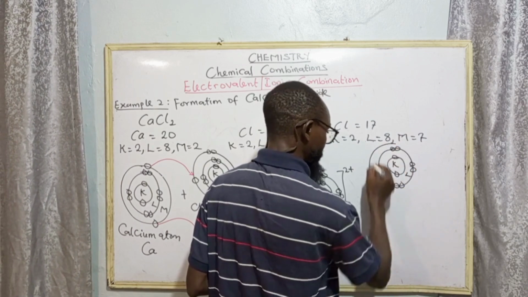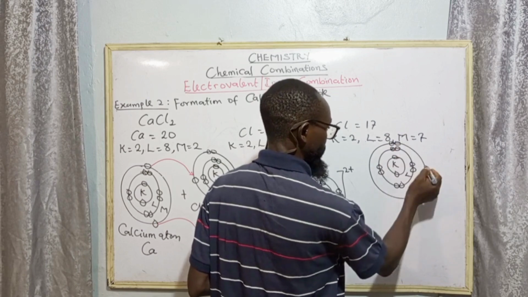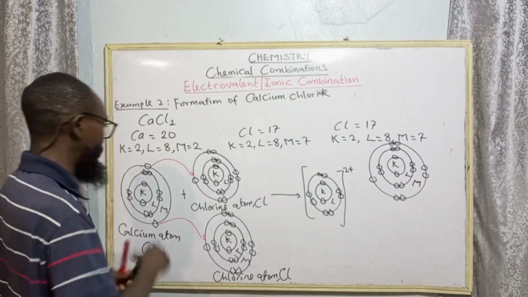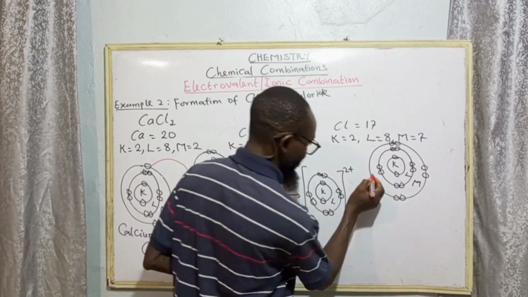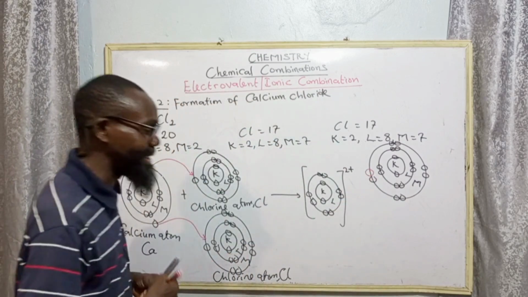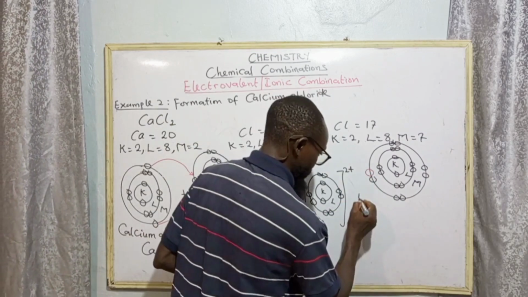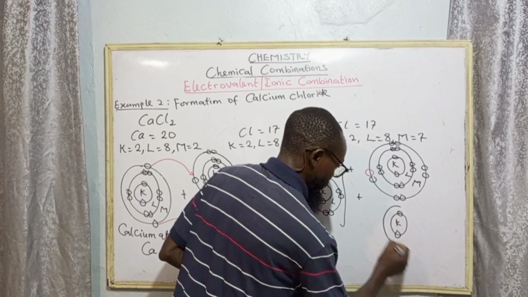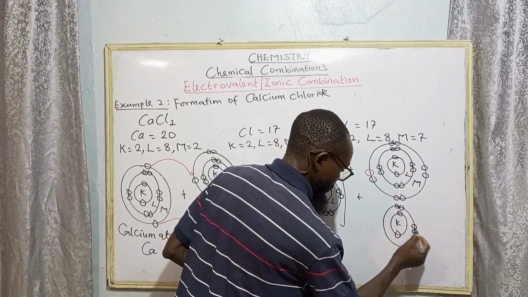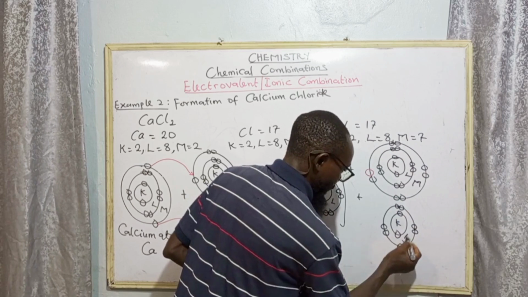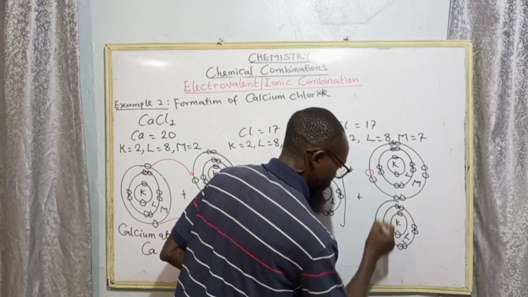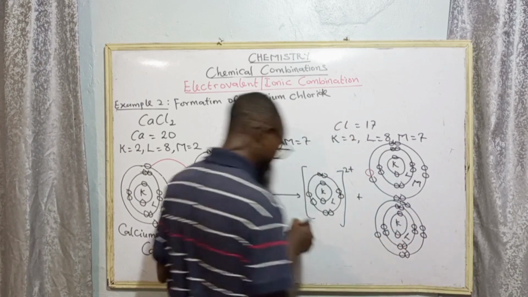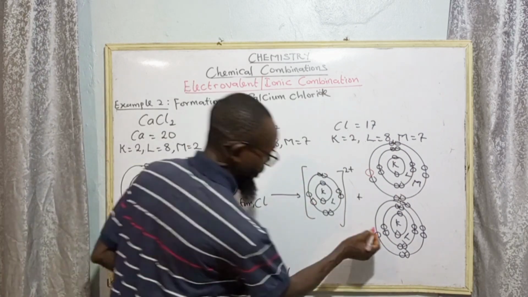L shell, M shell. So the 1 electron coming from this particular calcium atom is this. Then for the second chlorine as well, our K shell, L shell, so 1 electron is also coming from the calcium.